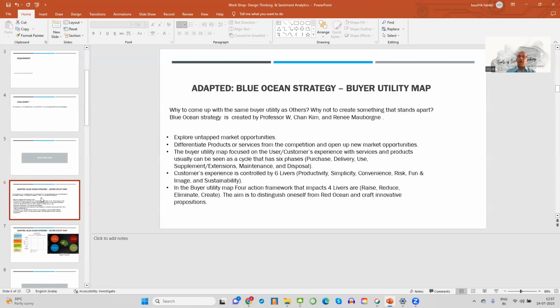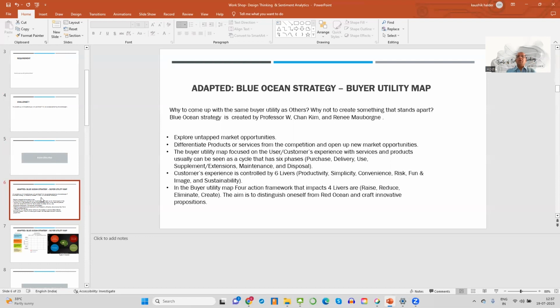It differentiates how a product or service from the competition differs from the one in our mind. So I repeat, it differentiates the product and services already there in the market from the one which is there in our mind.